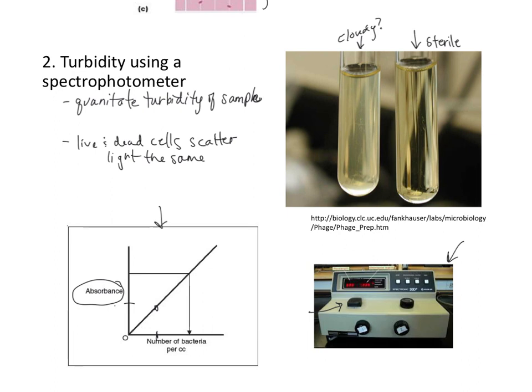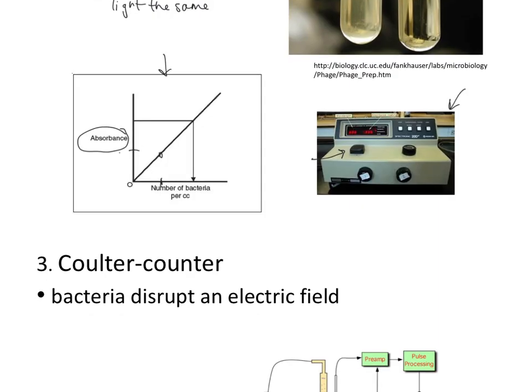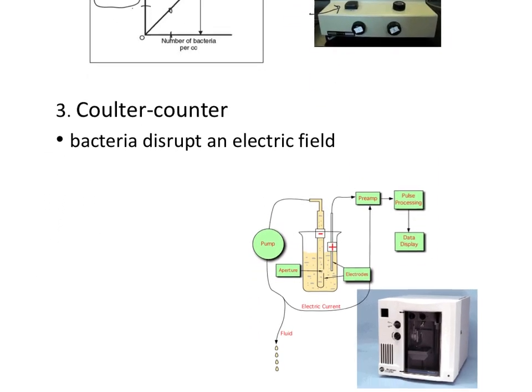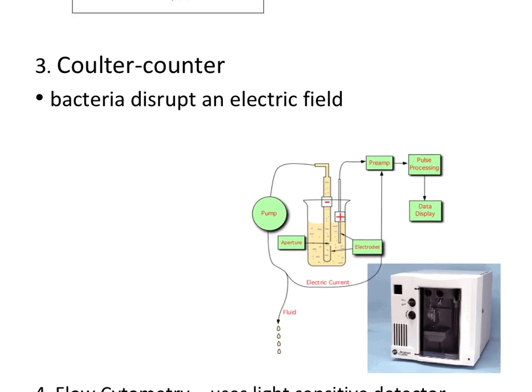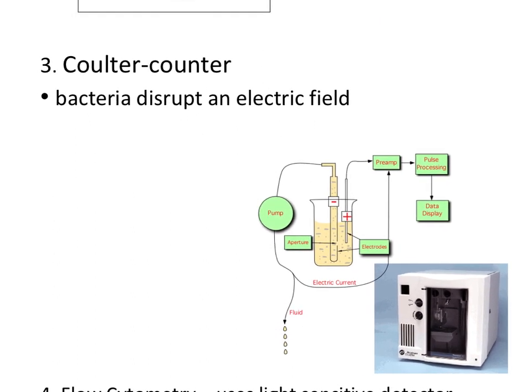Getting a little bit more fancy, a little bit more expensive, is using a Coulter counter, and we do have one of these in the lab that, again, I think the upper level microbiology labs use. This works on the principle that bacteria are going to disrupt an electric field as they pass through it.